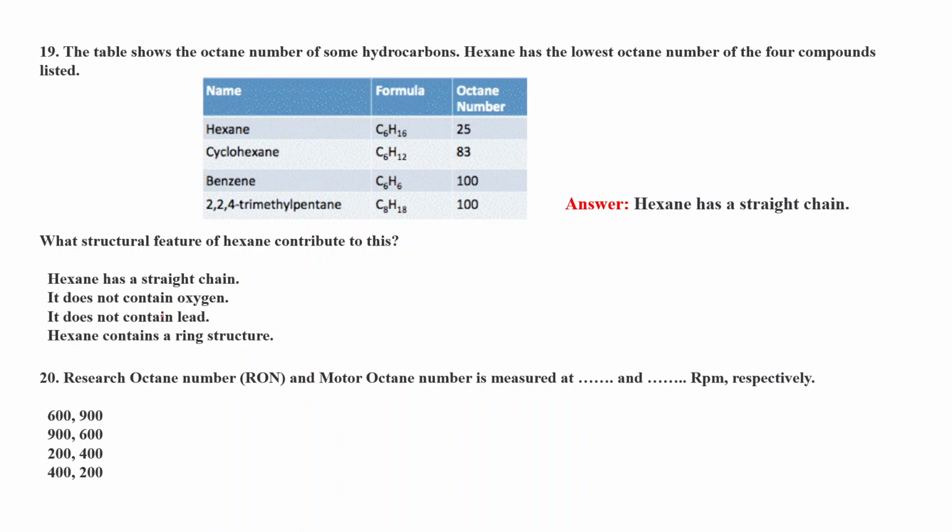Research octane number and motor octane number is measured at dash and dash RPM respectively. So during the octane number part, I told you that research octane number is practiced at lower RPM, which is 600 RPM, and motor octane number at higher RPM, which is 900 RPM. So the answer is 600 and 900 RPM.